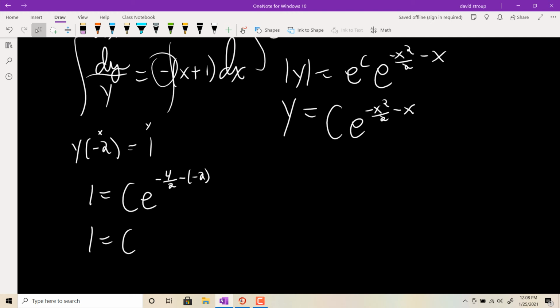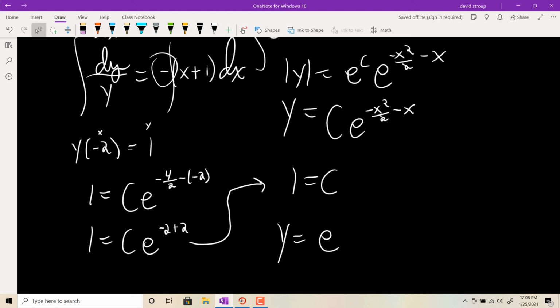So we got a bit of arithmetic. E to the negative 2 plus 2 gives me just 0. So 1 equals c. E to the 0 is 1, so c is 1. So my particular solution, 1 times e to the negative x squared over 2 minus x. Okay.